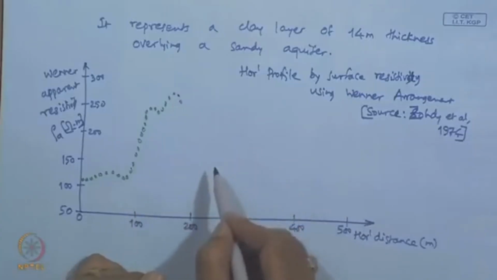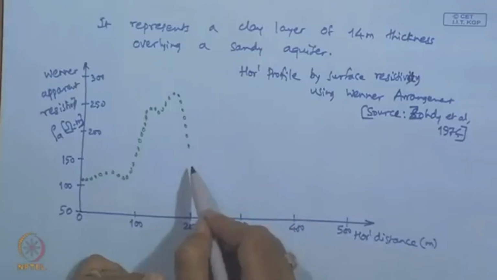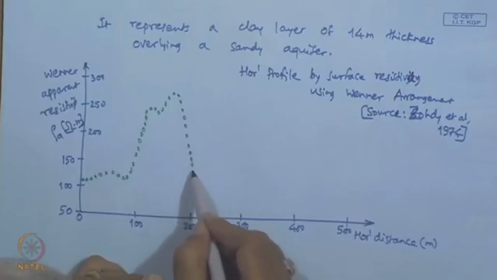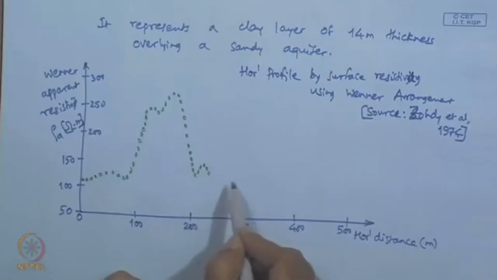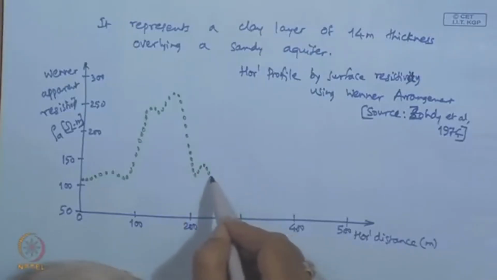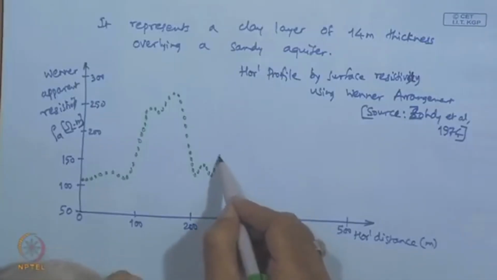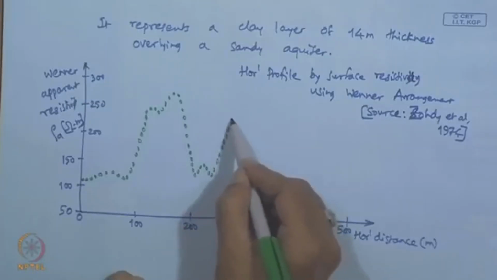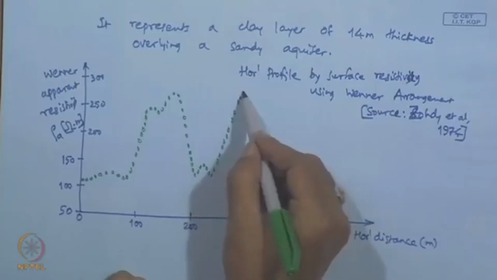And again, when it is clay, the resistivity will drop back between the range of 100 and 150. Then again, when there is a gravel, the resistivity goes up again above 200.